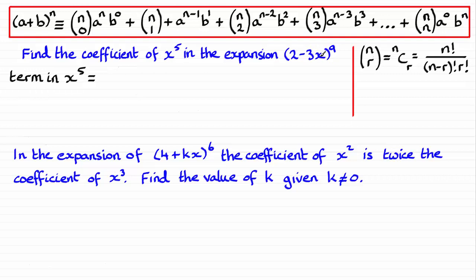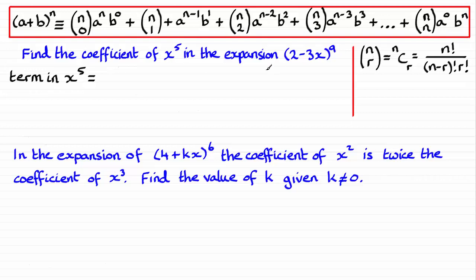the power 5. And looking at our formula here, we can see that, for instance, if we had the term in b cubed, it would be nC3 at the start. If it was the term in b squared, it would be nC2.